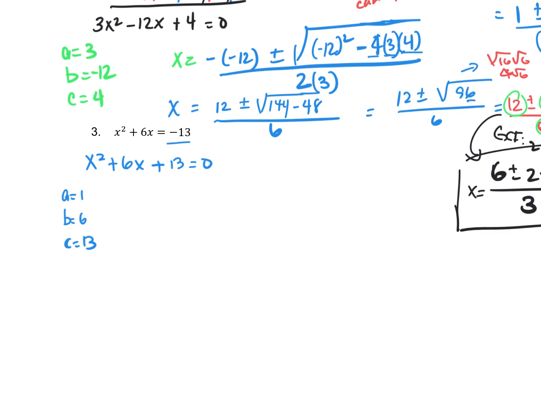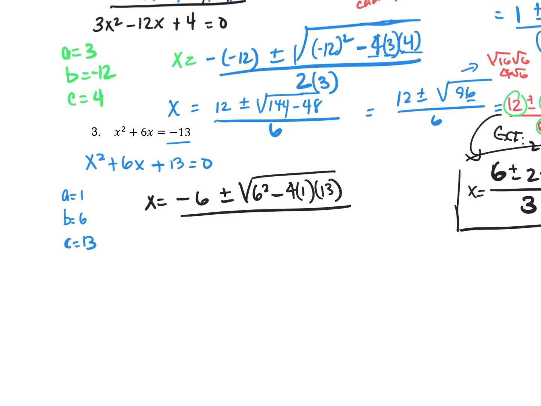So now substitute into your formula. So we have x equals a negative, and then b is 6, plus or minus the square root of 6 squared minus 4 times a, which is 1, and times c, which is 13, all over 2 times 1.